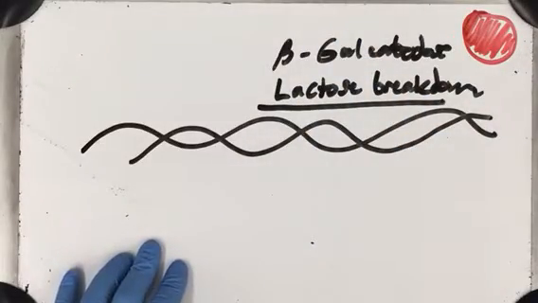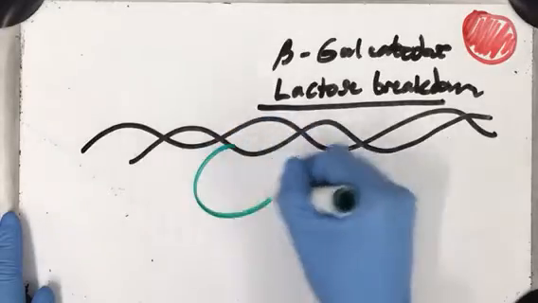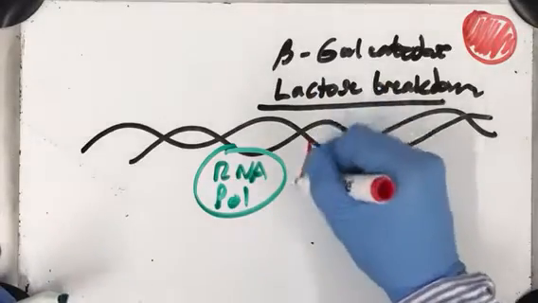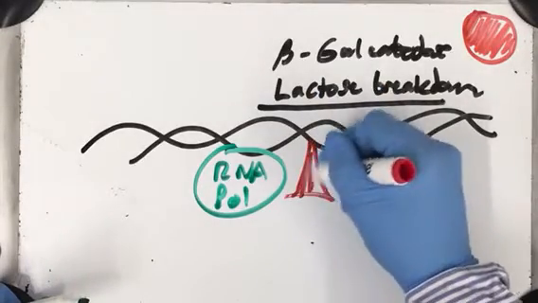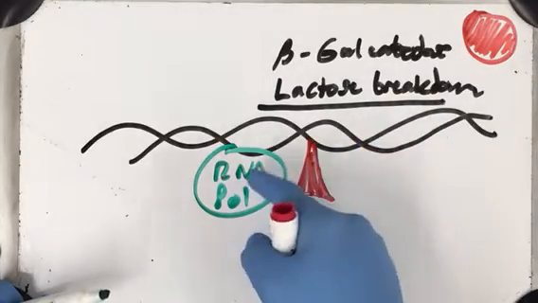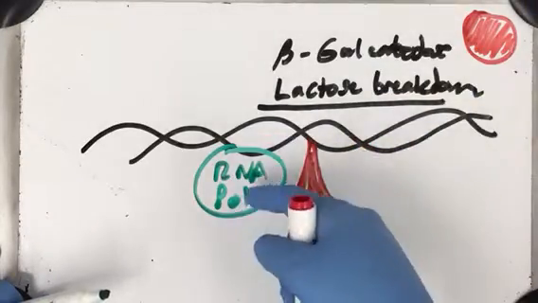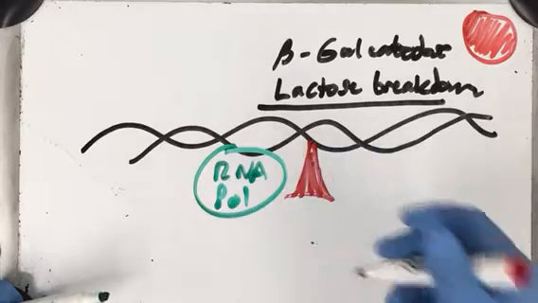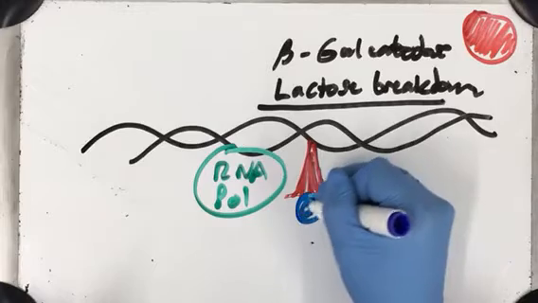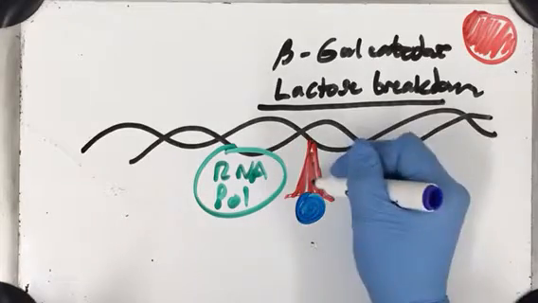So for the most part, although RNA polymerase binds here, a lot of the time there is a negative repressor stuck on here. The only way to get the repressor out of the way so RNA polymerase can start transcription and make mRNA out of this DNA is that lactose itself has to bind to the repressor.